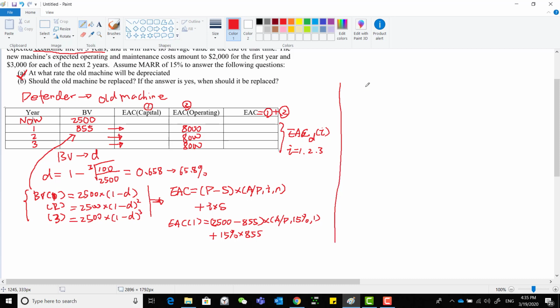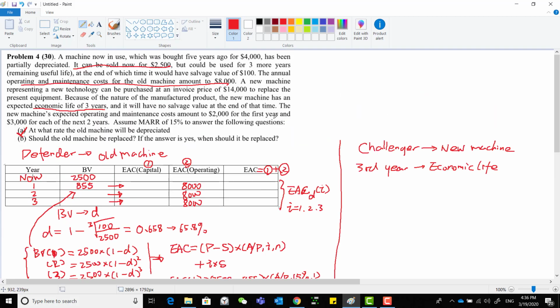Now let's take a look at the challenger, which is basically the new machine. It's already been calculated that 3 years is the machine's economic life, as we highlighted before.